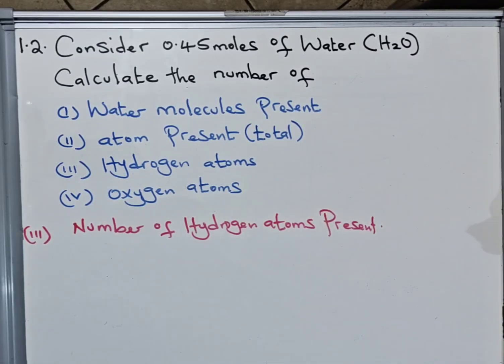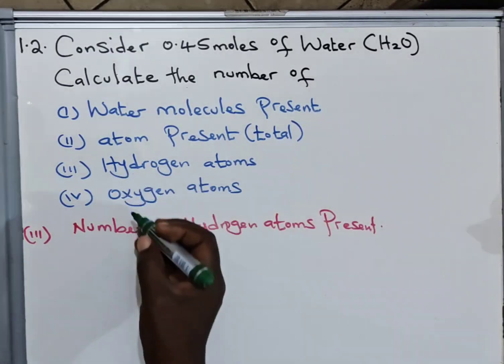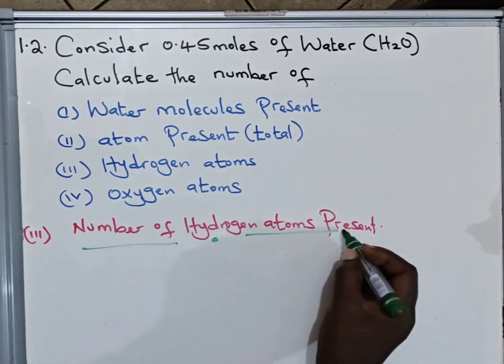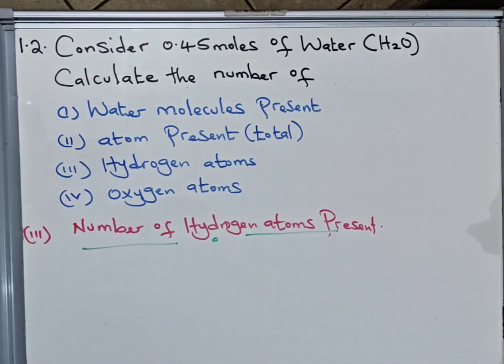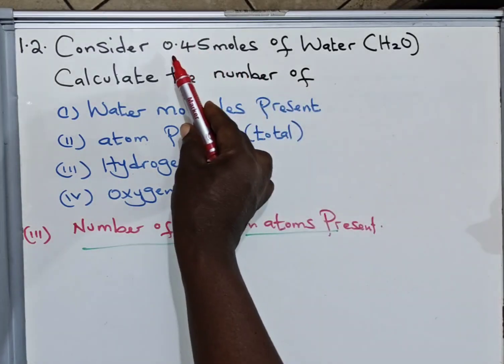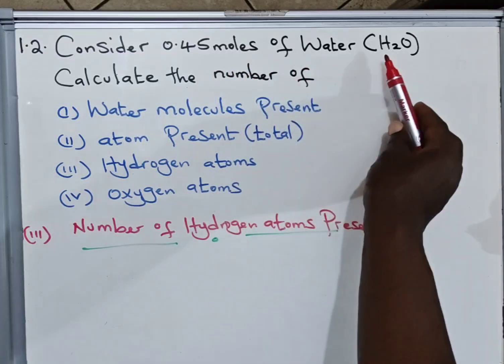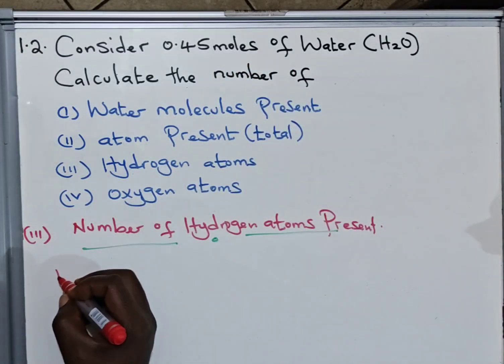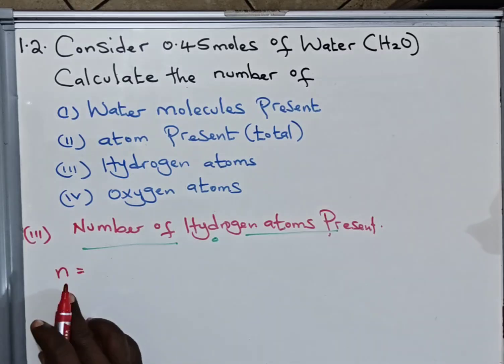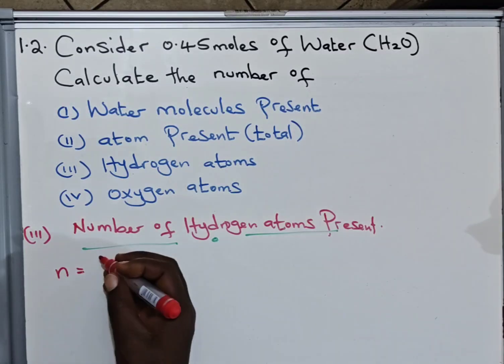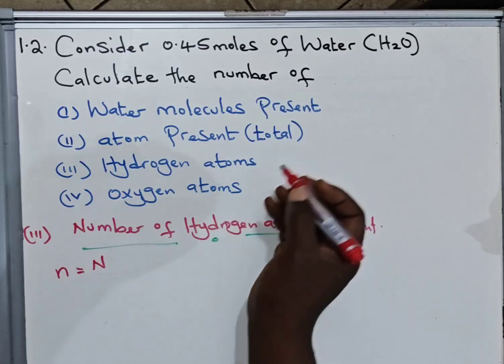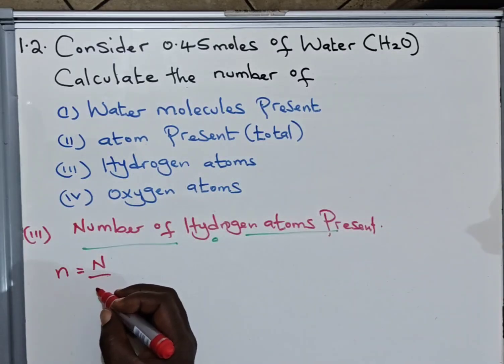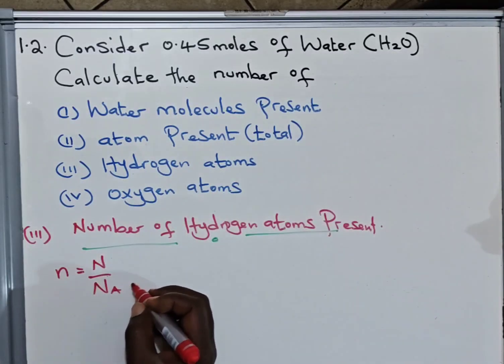Then we come to number 3, which is calculating the total number of hydrogen atoms present. How do we approach this? You have to remember that 0.45 moles are of water molecules. So the approach is to use our relationship: number of moles equal to number of molecules, since we are dealing with a molecular compound, over Avogadro.